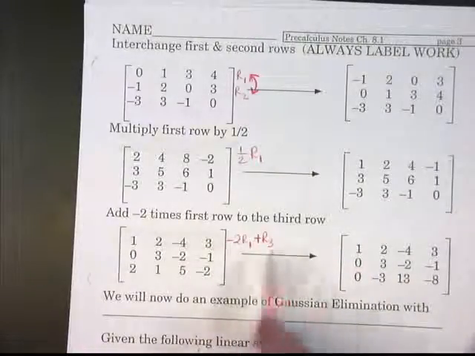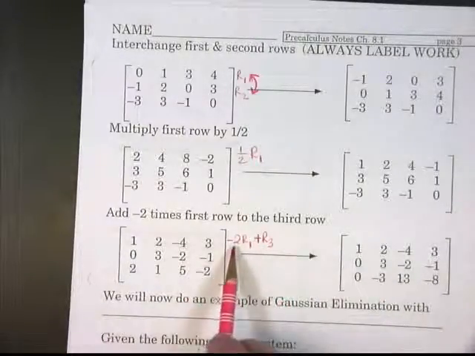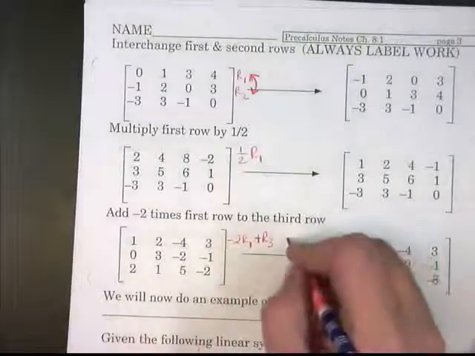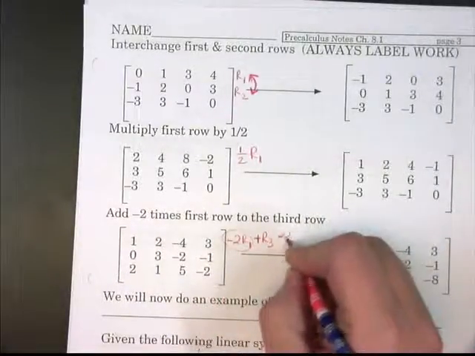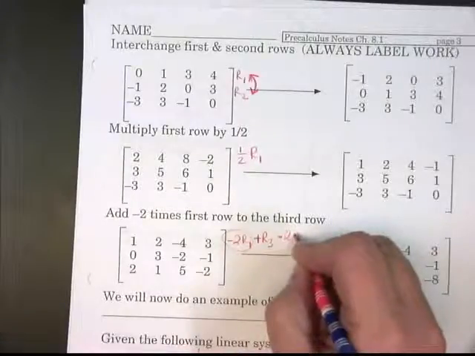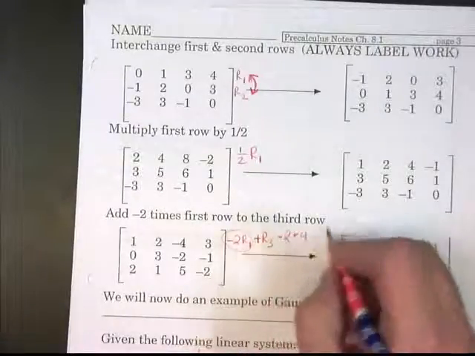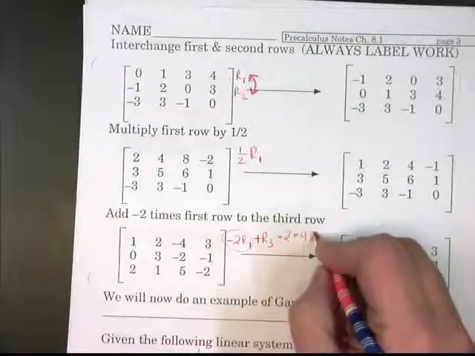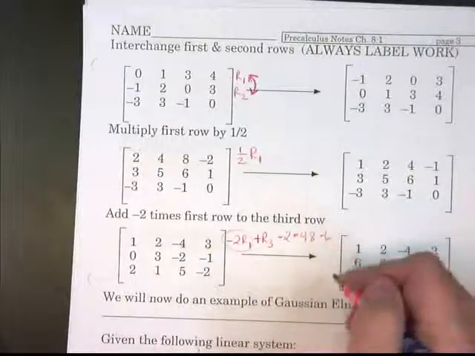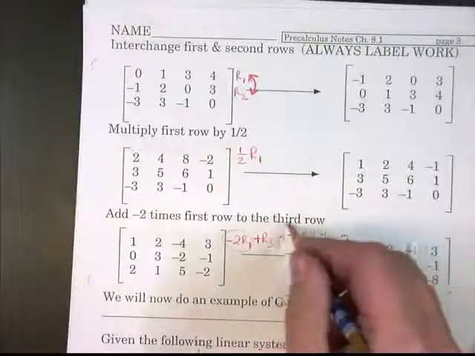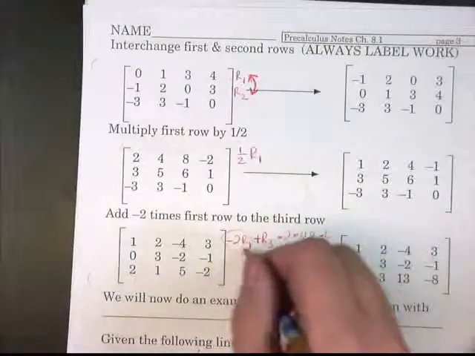Now this goes back to what we talked about in the last chapter. If I'm doing something to the first row, I'm first going to follow this -2, so that becomes -2, -4, +8, and a -6. In reality, when you do this, and when I see it on quizzes and tests, I would want to see this first.